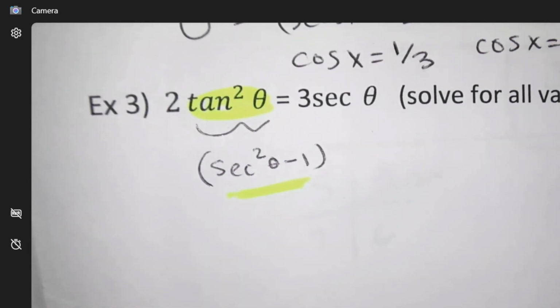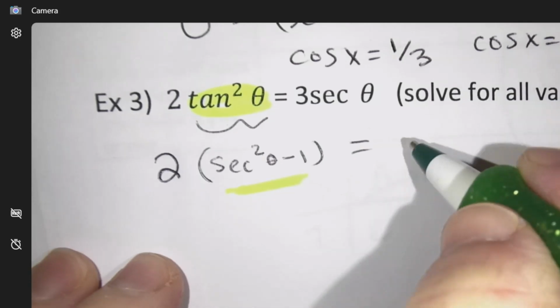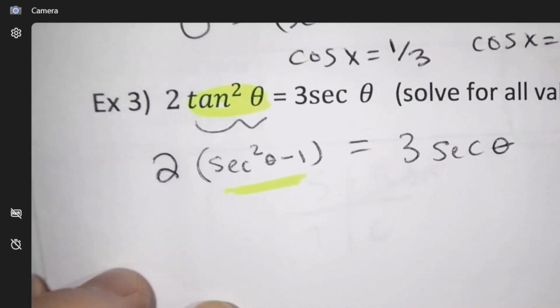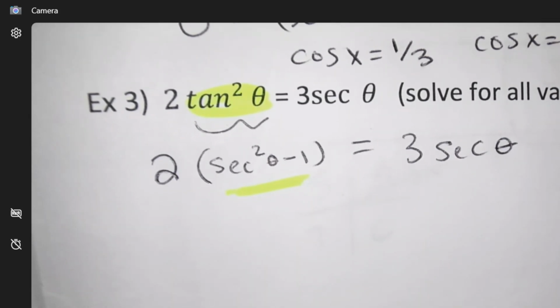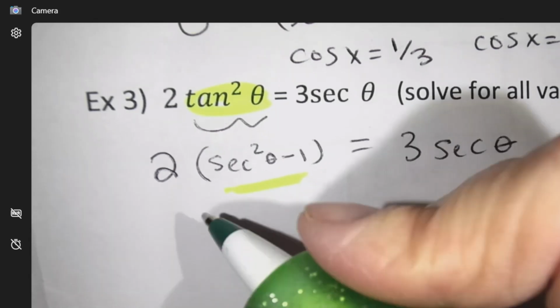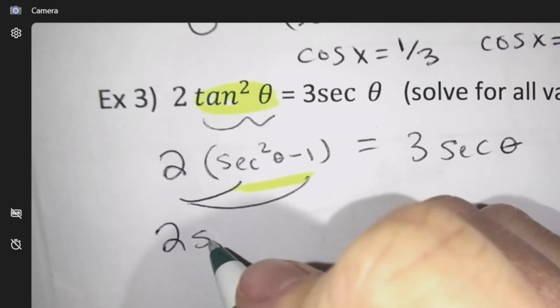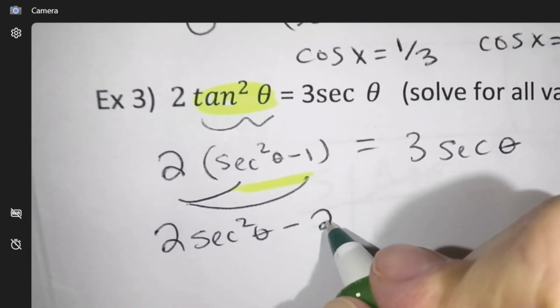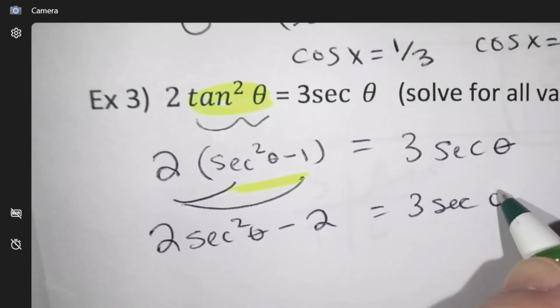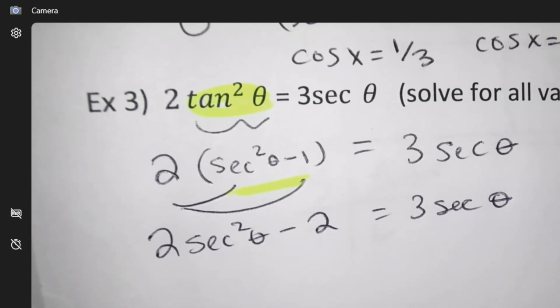Okay, that is the only new thing you're learning today, is that replacement. Okay, now I put the 2 in front of it, right? Don't forget that that's 2 times that replacement. Distribute. You're going to zero this out. It's going to be a trinomial.